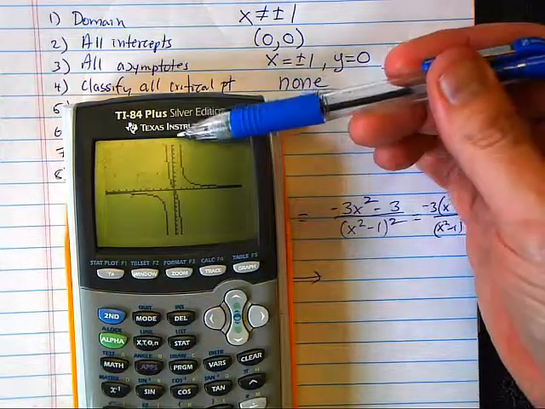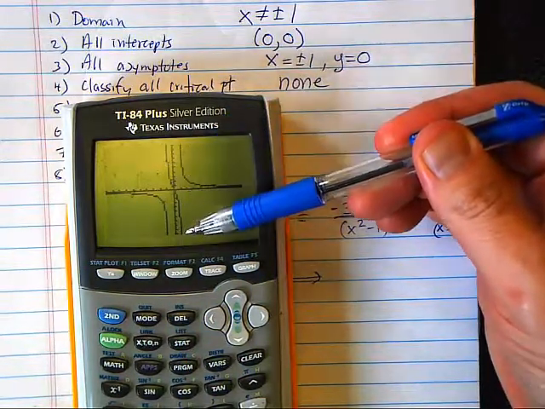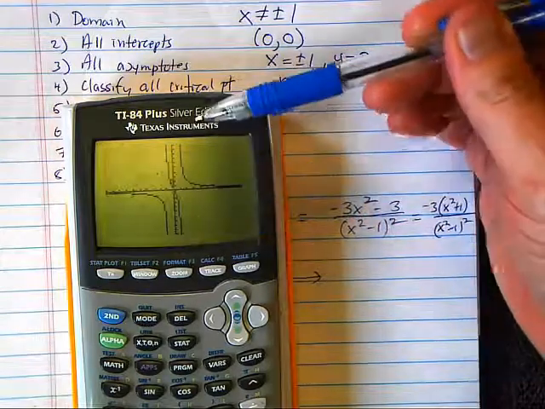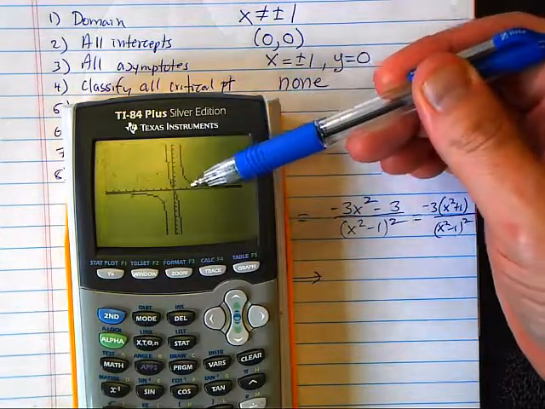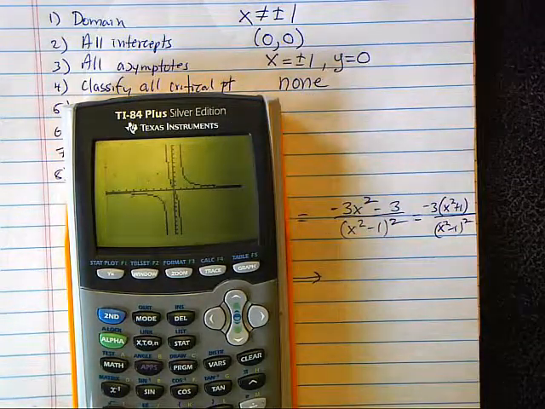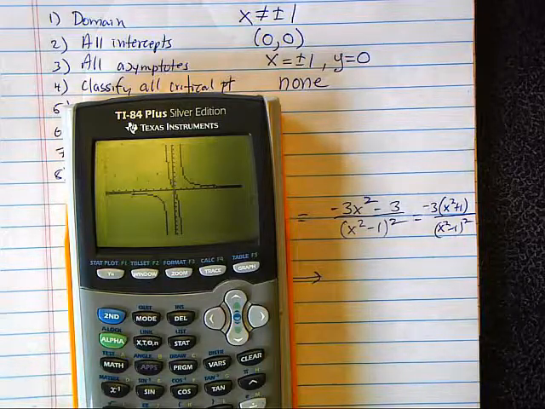Then there was the asymptote. In this part in the middle, the function is decreasing. And then to the right of the second asymptote, the function is decreasing again. So I think we're correct so far. I think this function is decreasing everywhere.